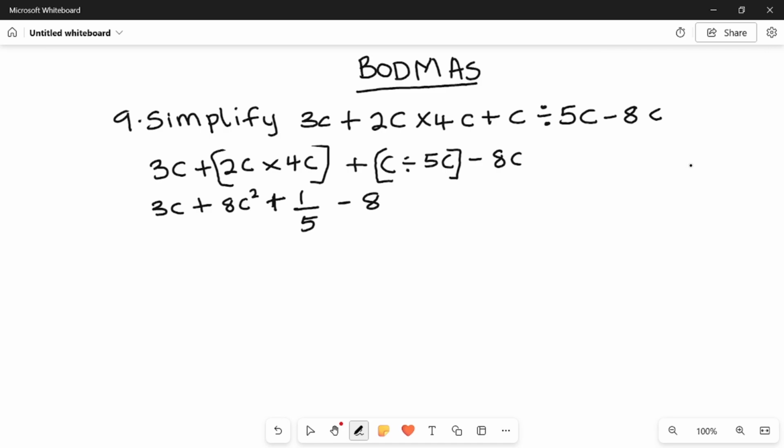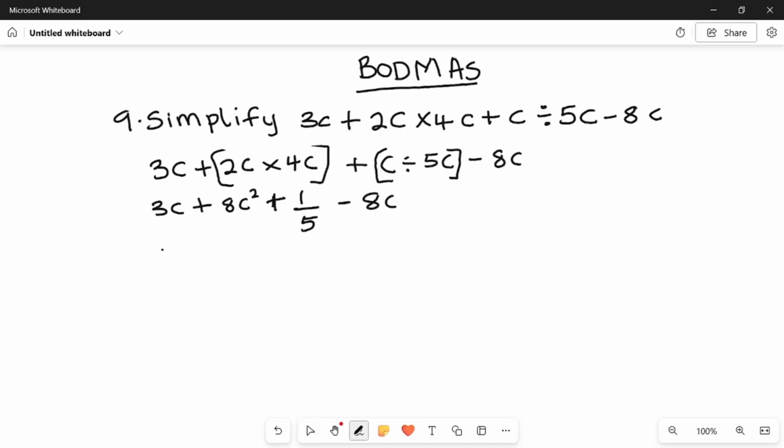So the next thing to do is to collect like terms. If you want to collect like terms, there's 3c here and there's 8c here. Here is c square. So these two are like terms, so we'll bring them close.